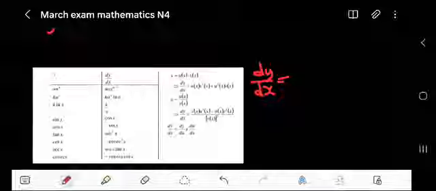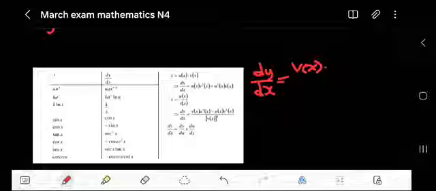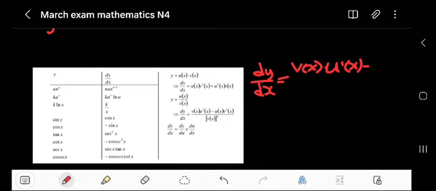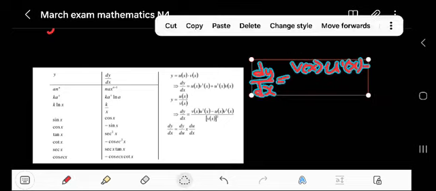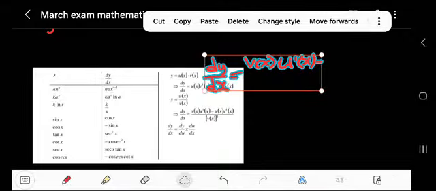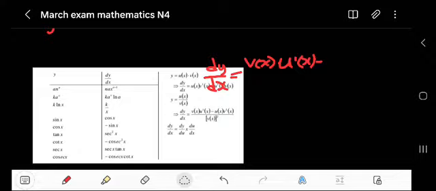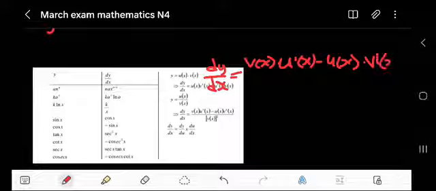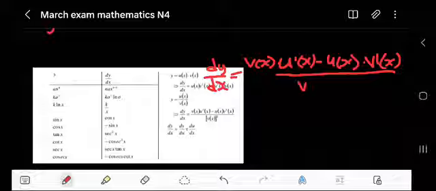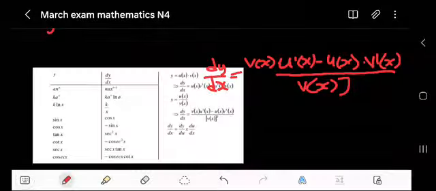You say v of x multiplied by u prime of x minus u of x multiplied by v prime of x. Divide this by what? By v of x squared.